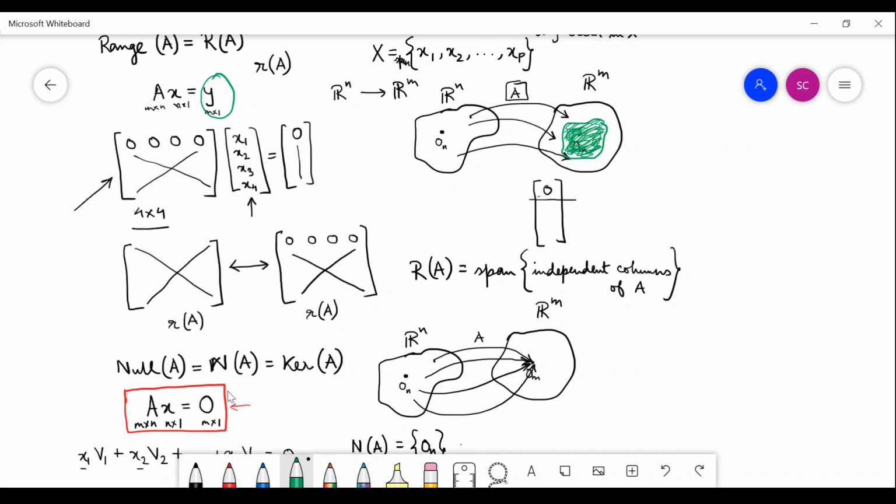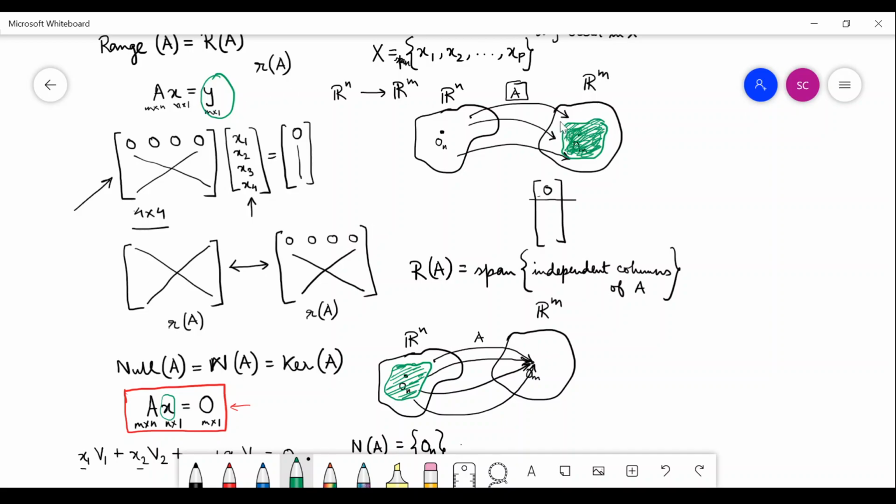Whereas the null space is a subspace in the space from where we are going to another space. So it is a space spanned by x vectors. This is the subtle difference. One space is on the right-hand side, another on the left-hand side.